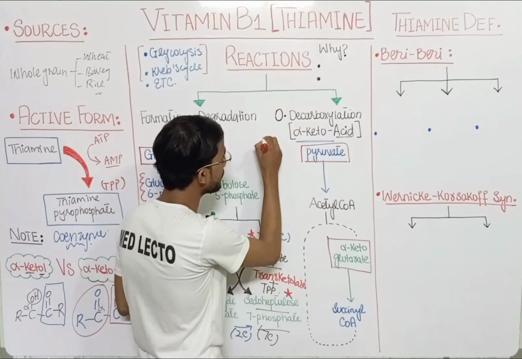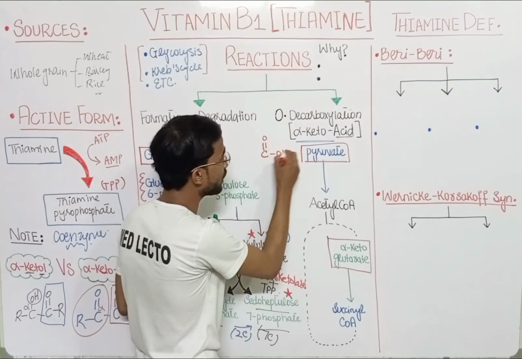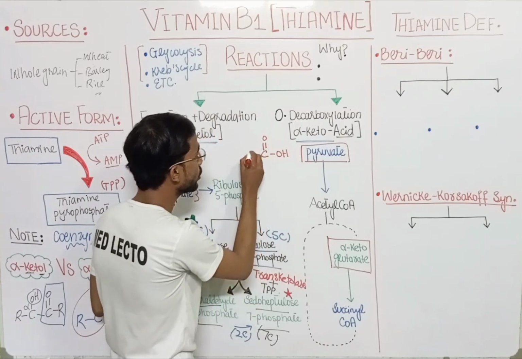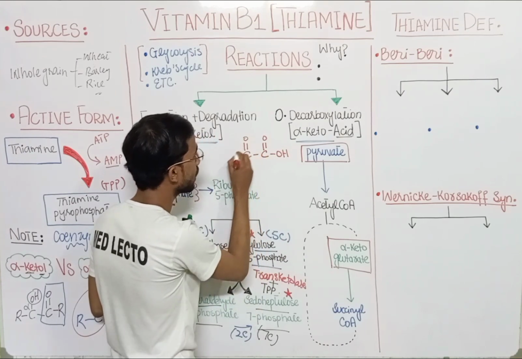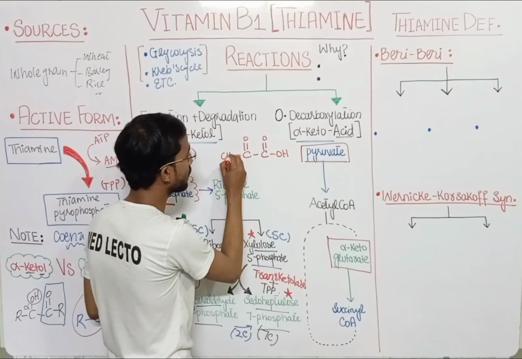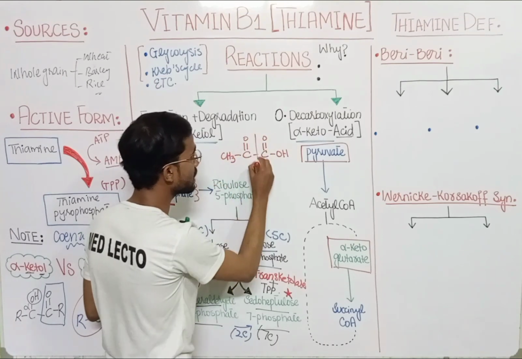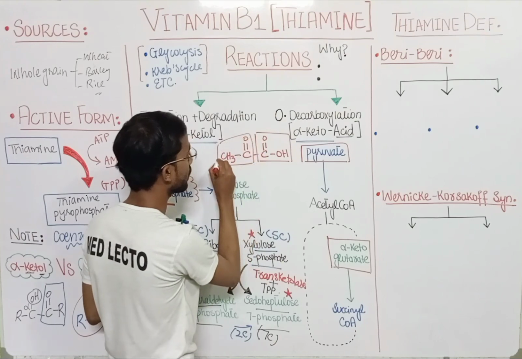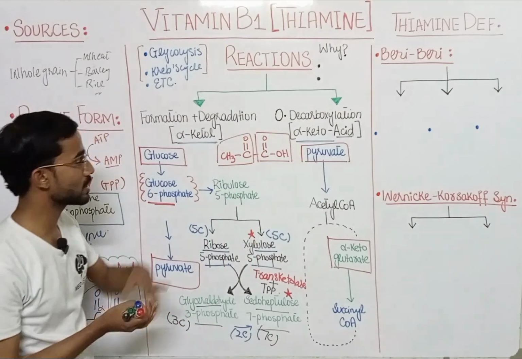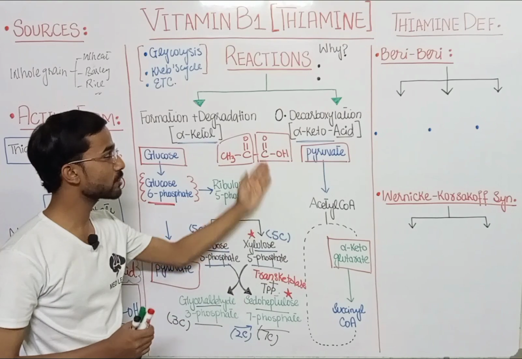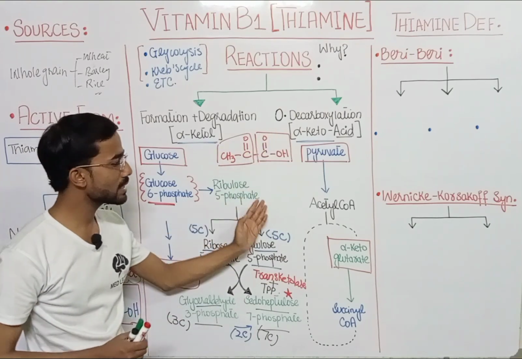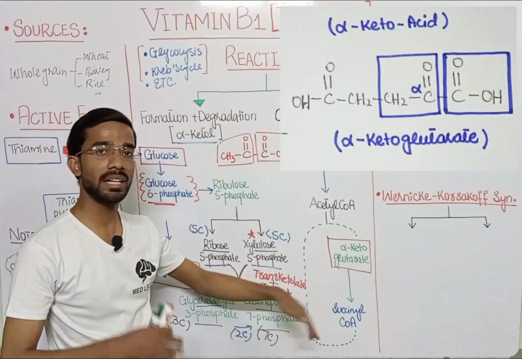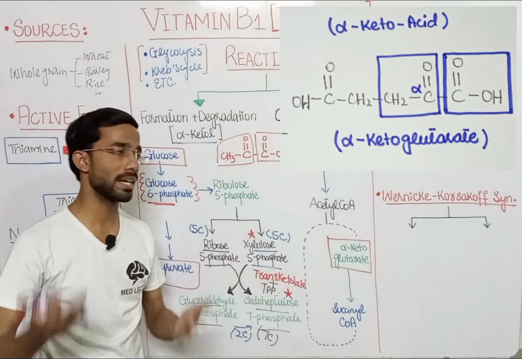Pyruvic acid has a carboxylic functional group, and along with that you will see the ketone group. This is the carboxylic acid and this is the ketone group. This is the structure of pyruvic acid. That's why we call it an alpha keto acid, just like alpha ketoglutarate also contains the alpha keto acid group.